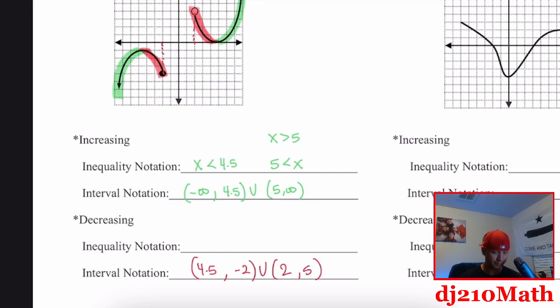Call it 5. Okay. Inequality. Again, x is in between these figures. Oh, wait a second. This should be negative 4.5. So negative 4.5 less than x less than -2. And then 2 less than x less than 5.